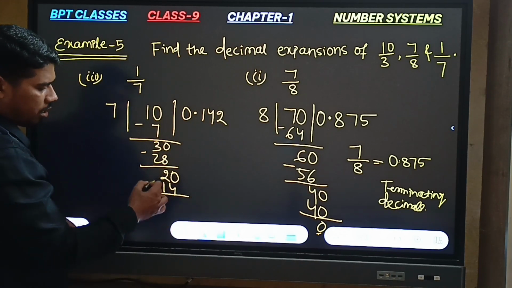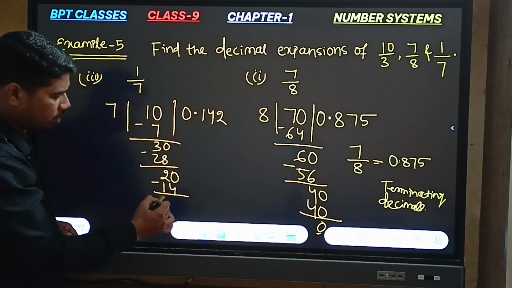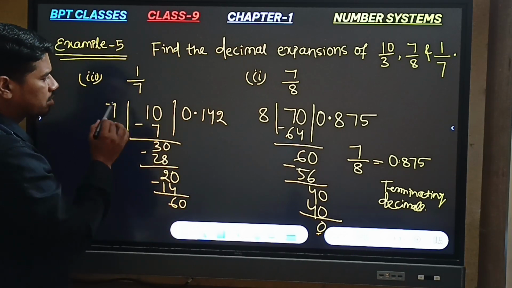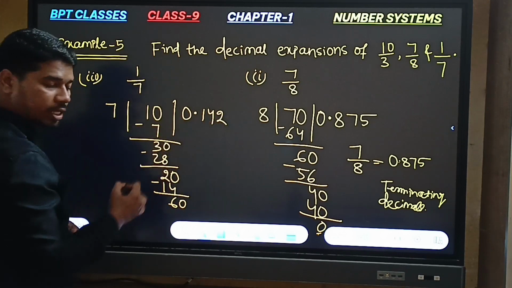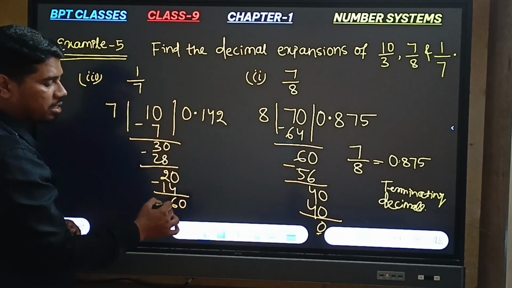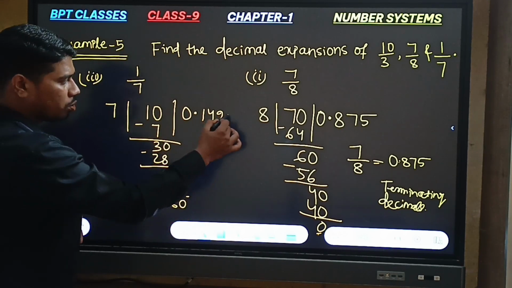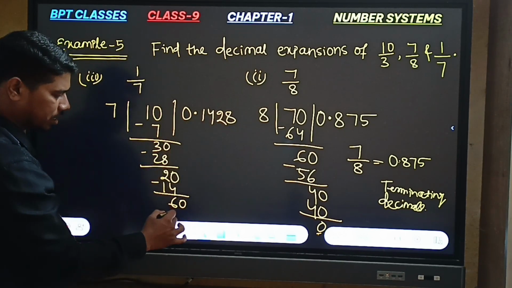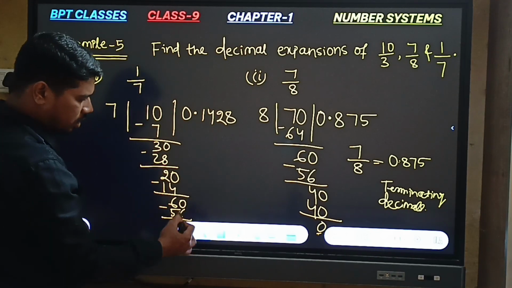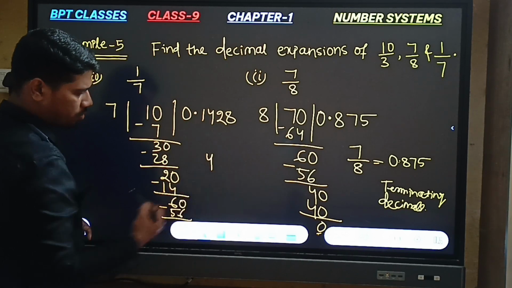Then you subtract 20 minus 14, that is 6. Then it will become 60. 7 eights are 56, 7 nines are 63. So 63 is greater, so you put 7 eights, 56. Now 60 minus 56, the result is 4.